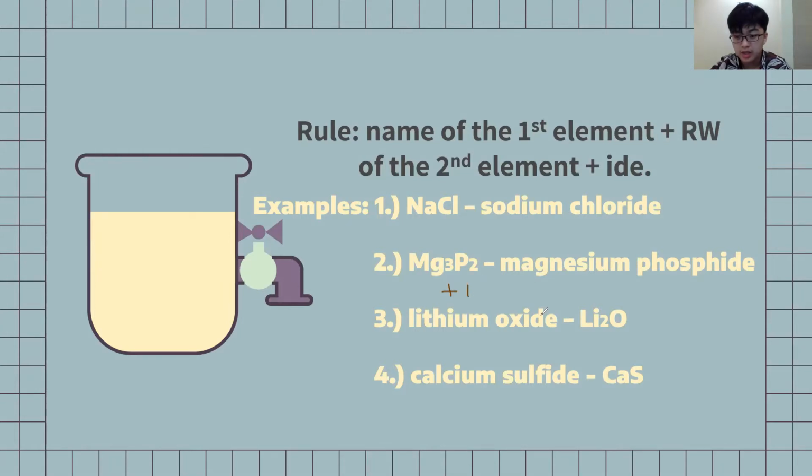And oxide is in 6A, so the oxidation number is -2. To find the chemical formula, we cross multiply these. So this one is 2 and this one is 1. So the answer is Li2O, lithium 2 and oxygen, as you can see right here.